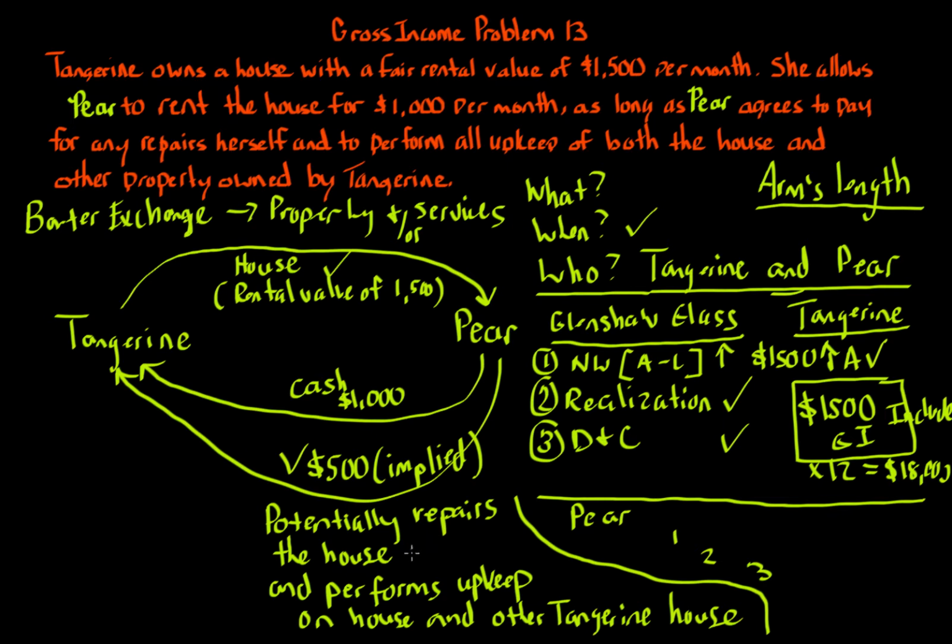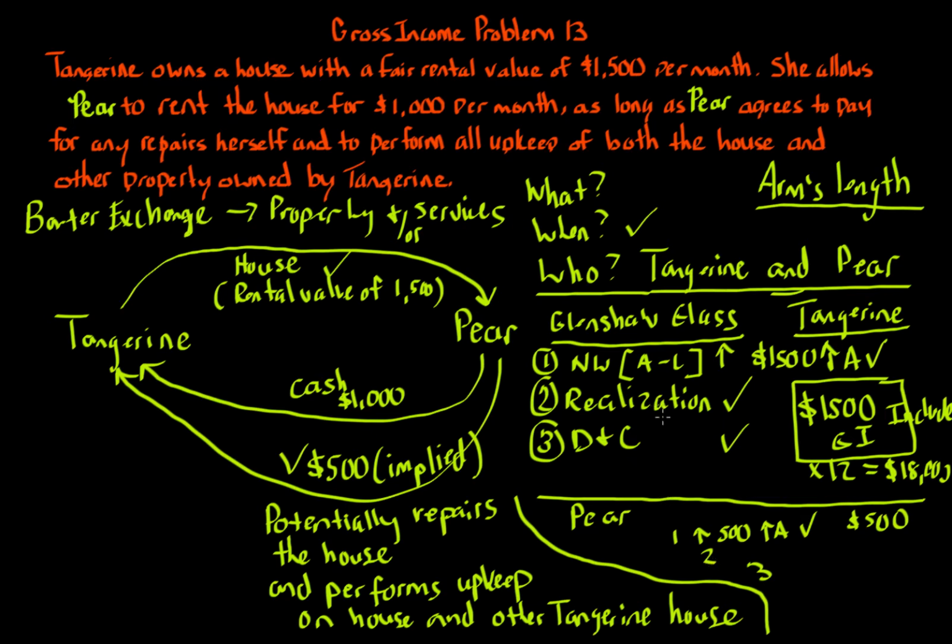So that's the idea here, that $500 per month of services is potentially gross income. So the net worth going up is the implicit $500 in cash. So there's an increase of $500 per month of this implicit cash, which is an asset. So yes, we do have a net worth increase.